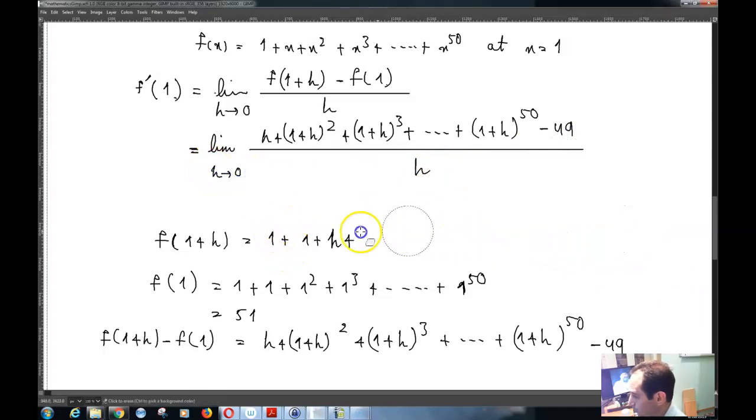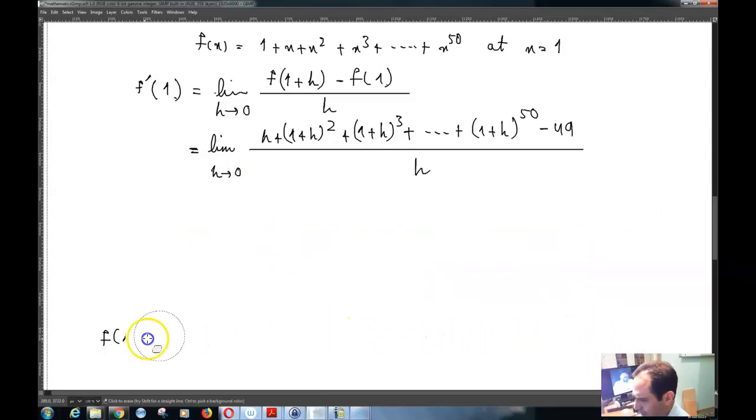Now, as h tends to 0, this becomes some number divided by 0, which is not what we actually want.